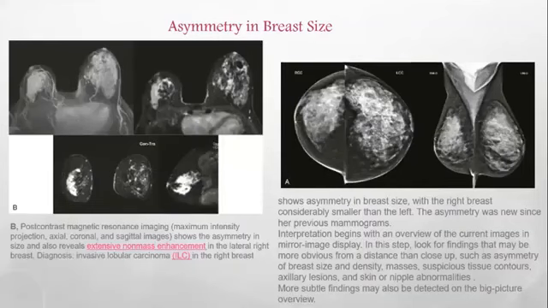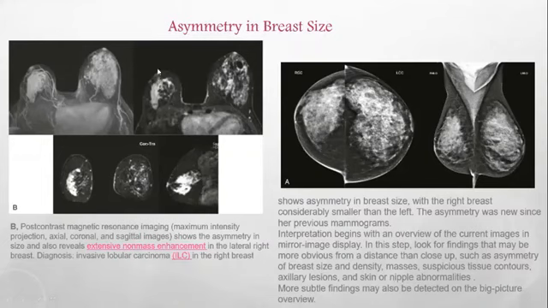Going further to MRI, obviously here is the asymmetry. The right breast is smaller compared to the left one and demonstrates intense, non-segmental, non-regional or non-mass-like enhancement.